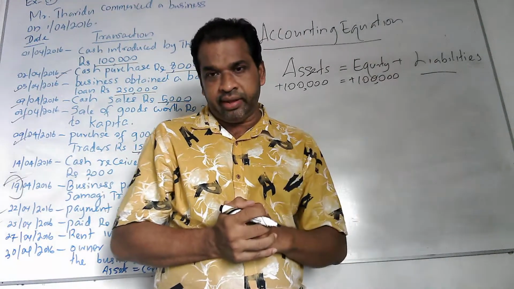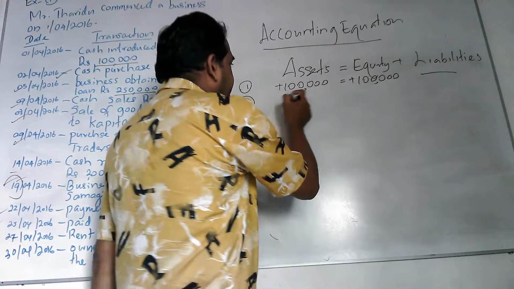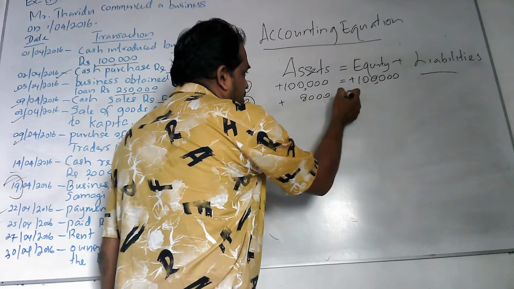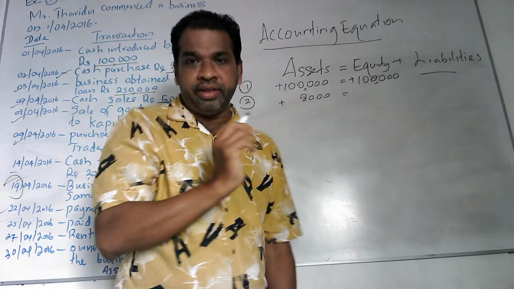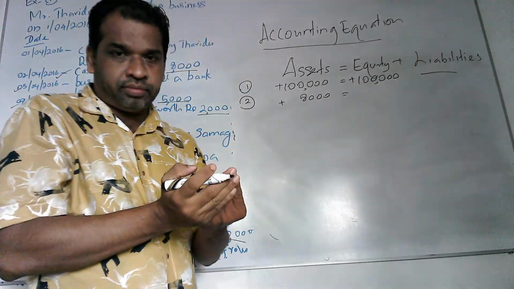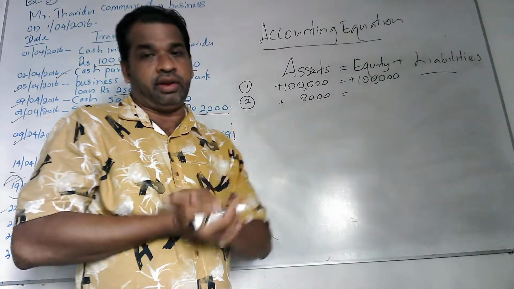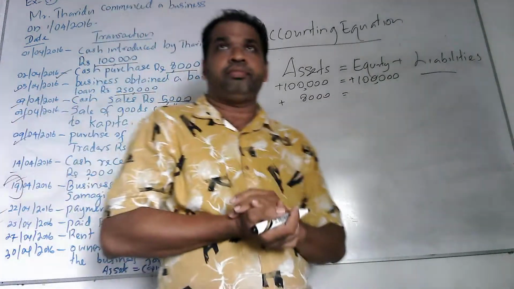Cash comes under assets. Therefore, minus 8,000. And also, when you purchase, goods come into the business. We record under inventory or stocks.